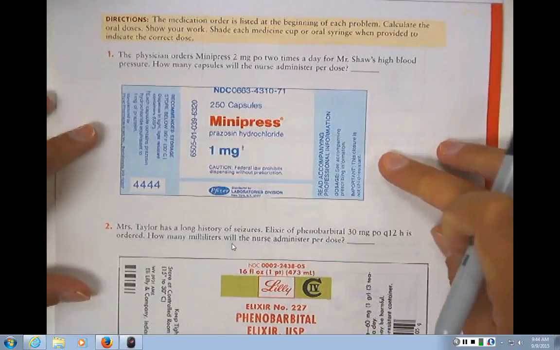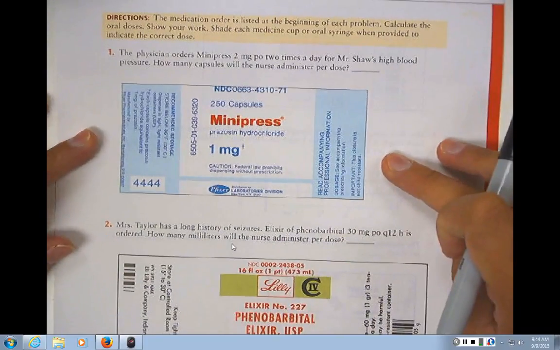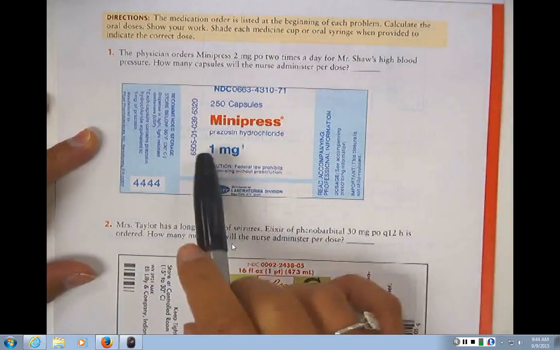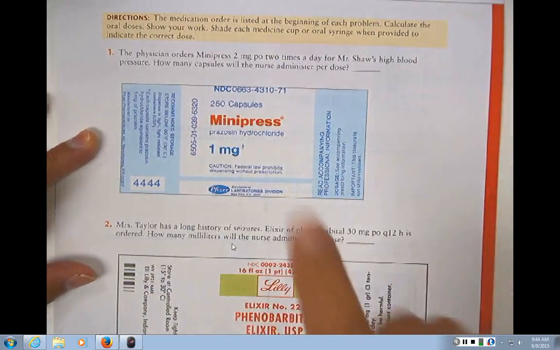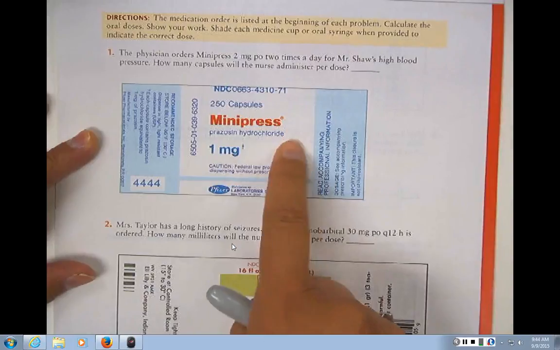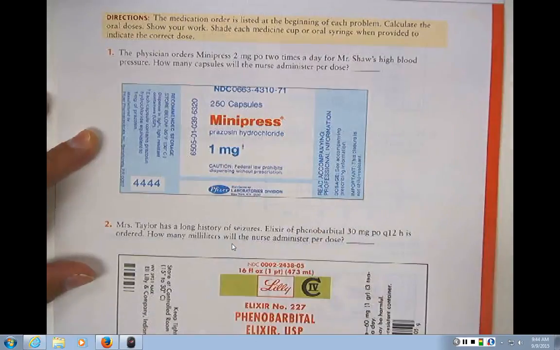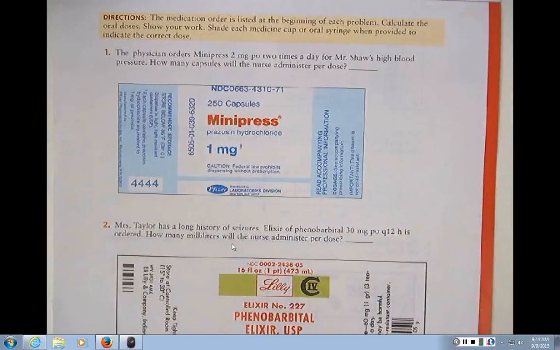It has my drug label here, and I think it's good for you guys to start practicing how to read a drug label. And so my drug label says that there is 1 milligram of Minipress per capsule. And my physician has ordered 2 milligrams.